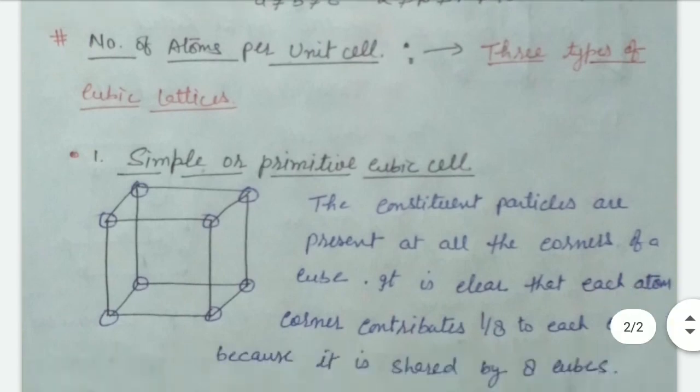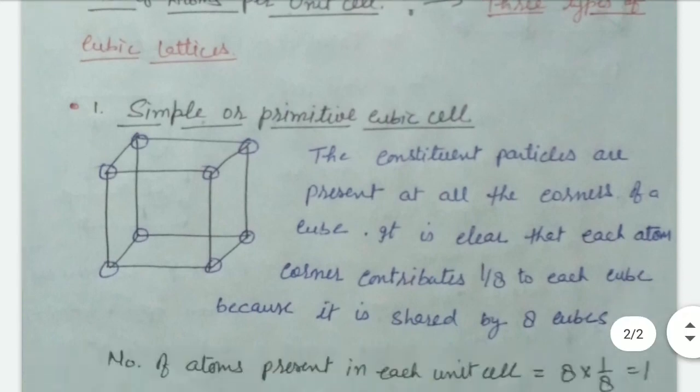The simple cell has three axes, a, b, c, and also three angles alpha, beta, and gamma. All are perpendicular to each other. They have 8 constituent particles. The constituent particles are present at the corners of the cube.